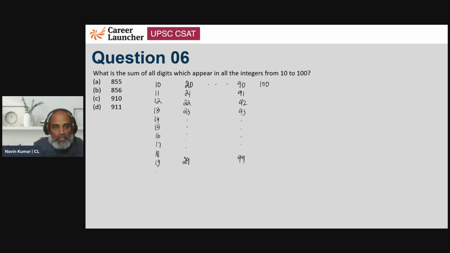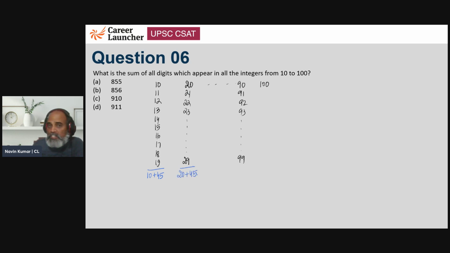Now, what is the sum of all these numbers' digits? So 1 is written 10 times. So that's 10. And then 1 to 9 is written. Now the sum of 1 to 9 is going to be 45. Okay, the next one. 2 is written 10 times, so it's going to be 20.